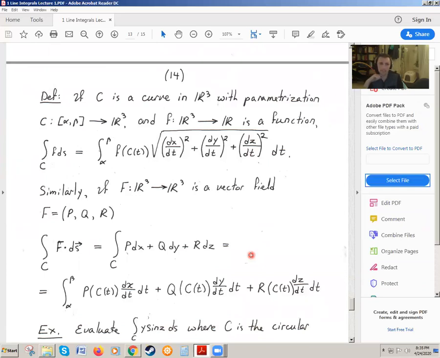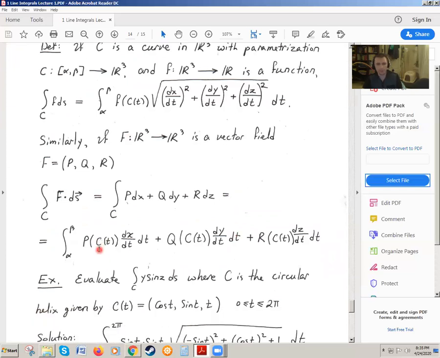We can extend the vector version of the line integral. If I have a vector field with coordinates p, q, r, and I have this space curve C, the integral over C of f ds will simply be the integral over C of p dx plus q dy plus r dz.